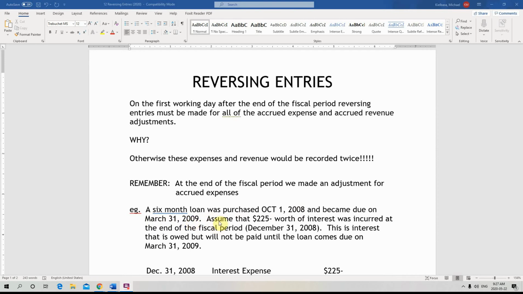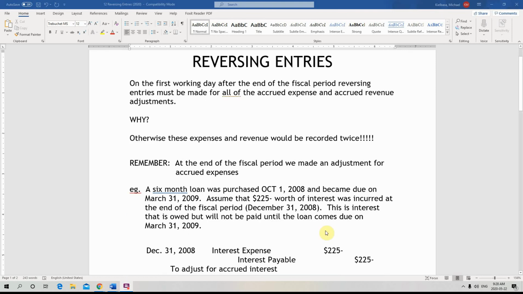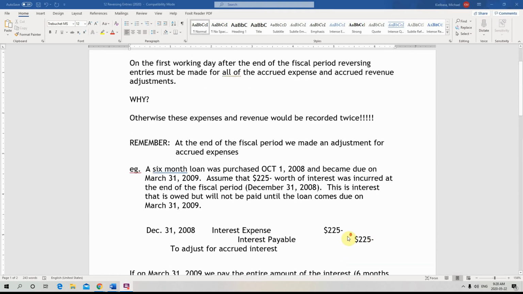Assume that $225 worth of interest was incurred at the end of 2008. That represents interest owed, so we're going to have to make an accrued interest adjustment. Interest expense debited and interest payable credited. We would have to make that entry at the end of 2008.